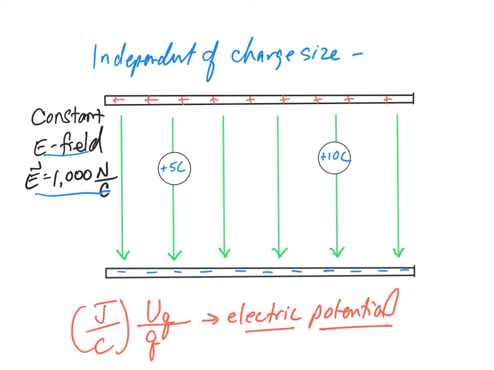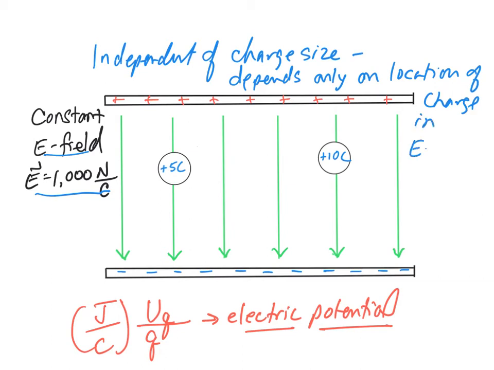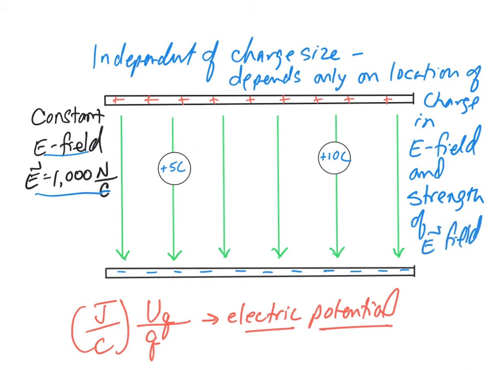It depends only on the location of the charge in the E field, and on the strength of the E field. Just like our gravitational potential energy, or gravitational potential, depended only on the strength of the gravitational field and the object's location in that gravitational field.